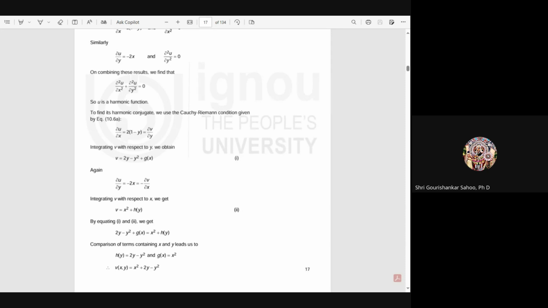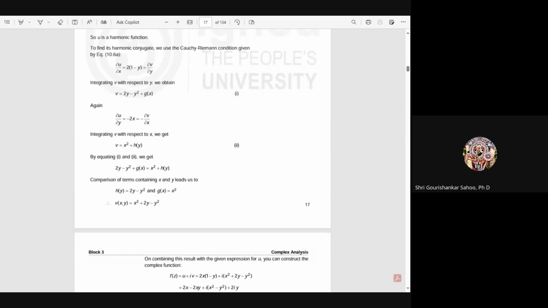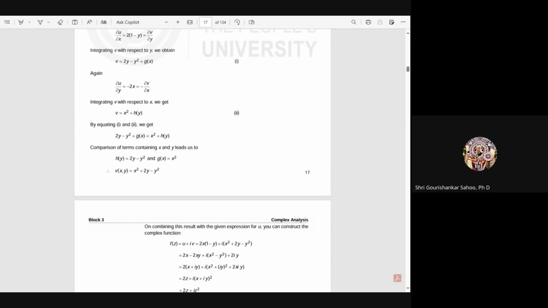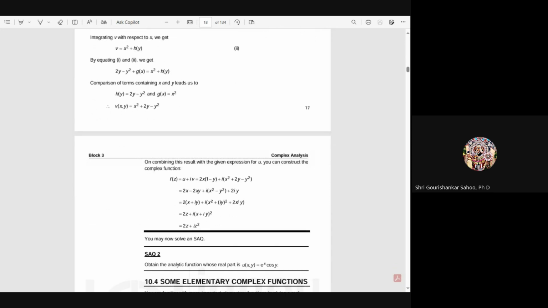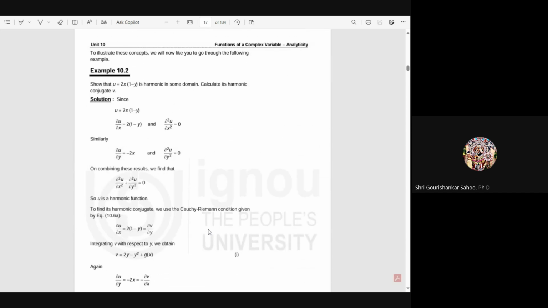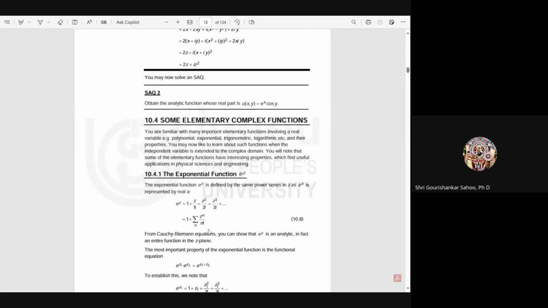Similarly, del u by del y is equal to minus del v by del x, equal to minus 2x. So it obeys the Cauchy-Riemann condition and it is analytic. Then by integrating you will have the final term, 2z plus iz square, and v is the harmonic conjugate.